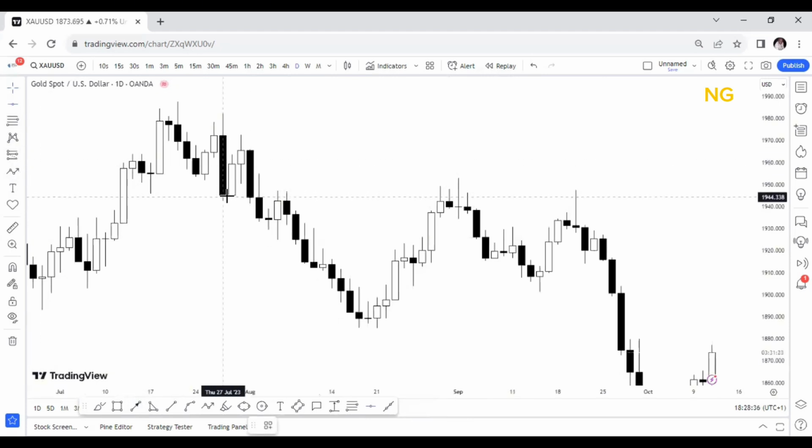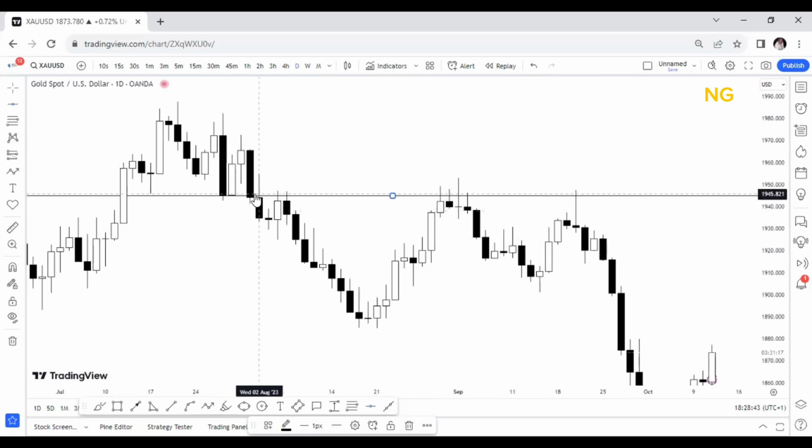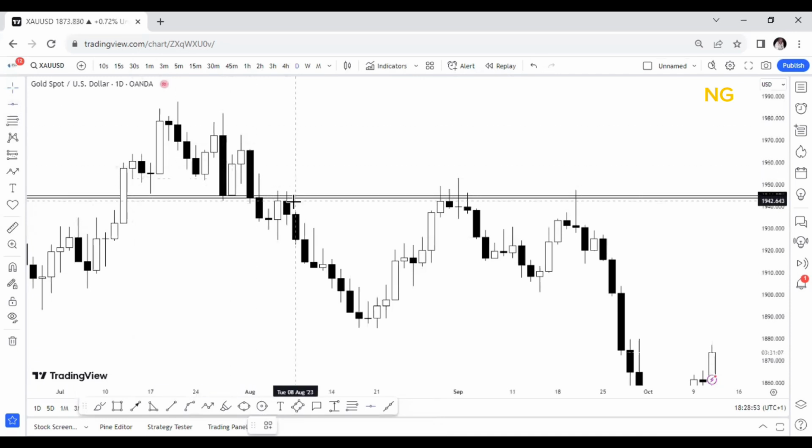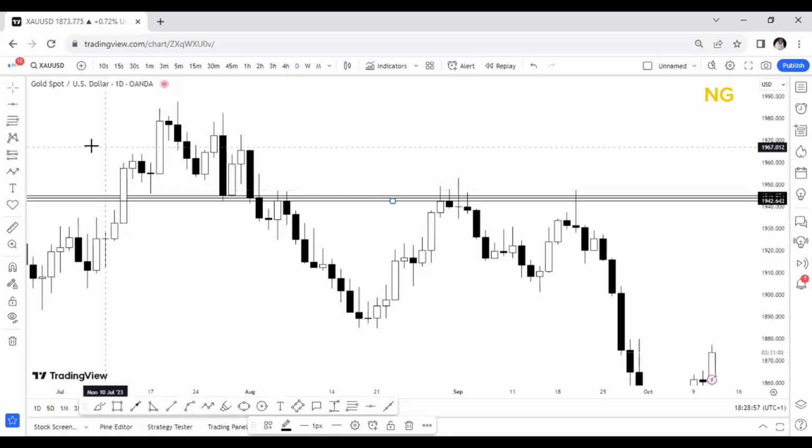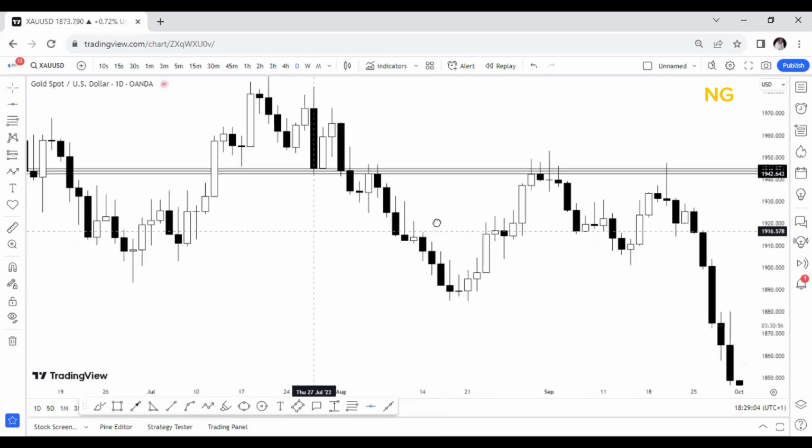This is the first level of support that was broken through. Price reacted to it. In the same place you get a gap that was reacted to here. In the same place there you get this level of resistance. Moving forward, the same place again.